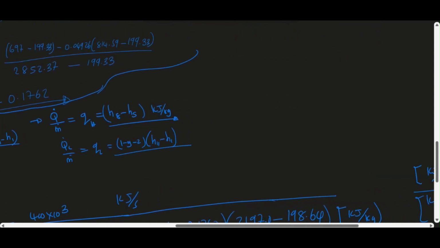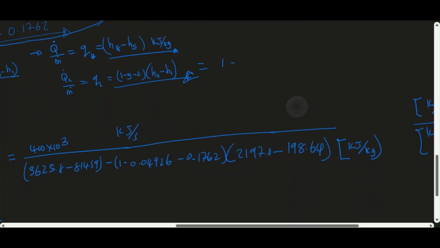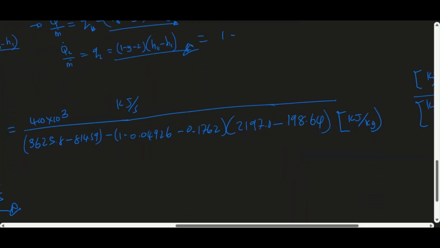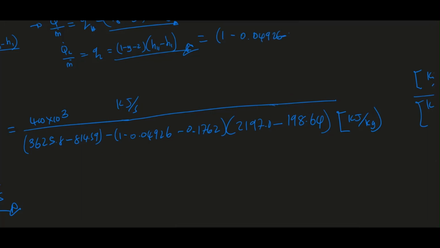QL is given by that. I think I can work it out here already: (1 minus 0.04926 minus 0.1762) multiplied by (2197.0 minus 198.64) gives me QL.